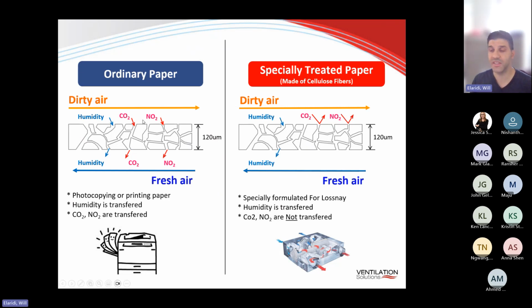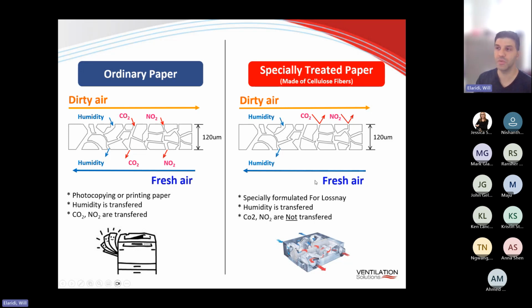The problem is that that piece of paper would allow other harmful pollutants to pass right through it because the molecular structure is too spaced out. On the right side, you see what we use is a specially treated paper made of cellulose fibers, which helps block out those harmful pollutants like CO2 and NO2, while only allowing the water molecules to pass through in a vapor state.